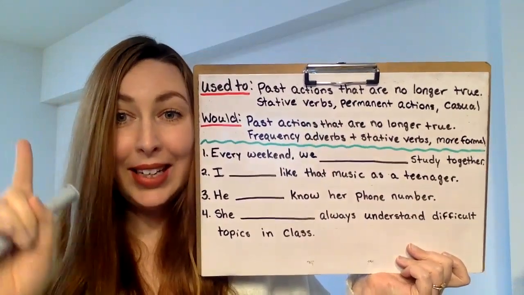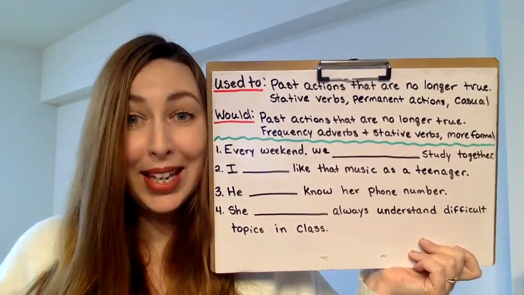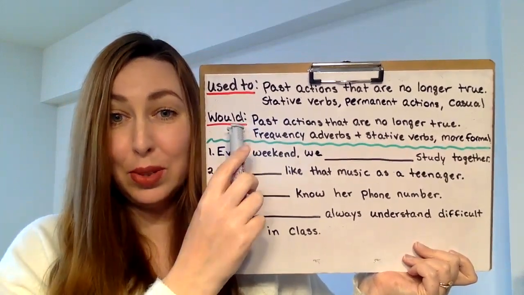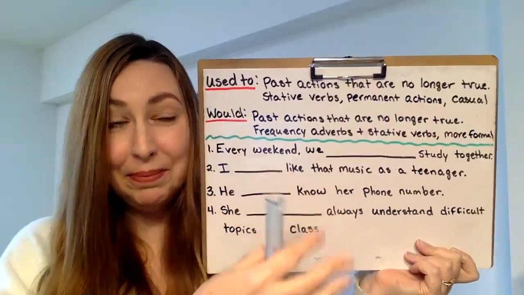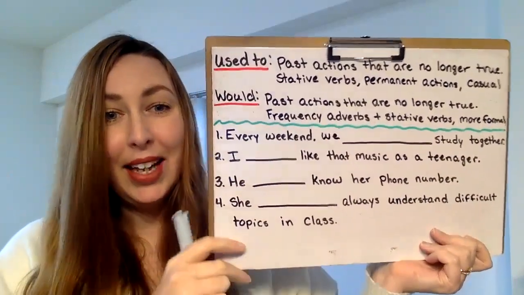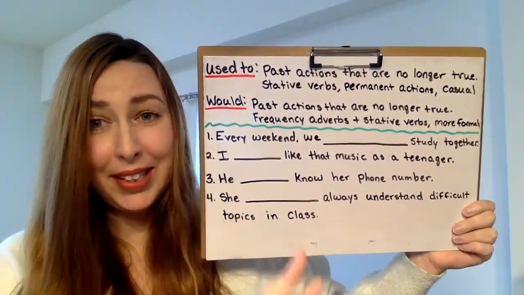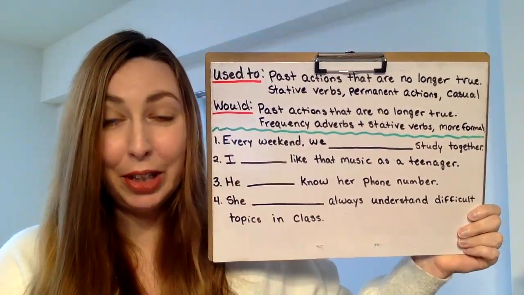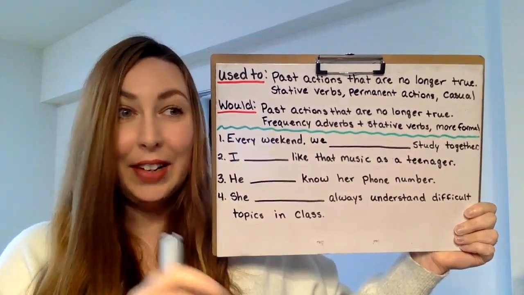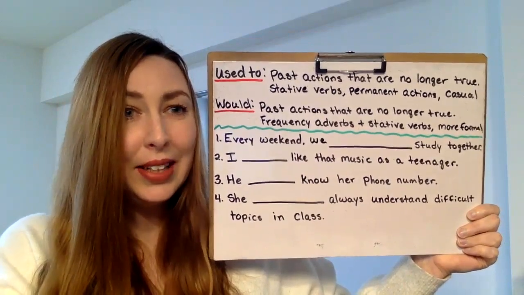However, when it comes to stative verbs, we typically don't use would. Okay, I say typically because there's always exceptions to the rule, and maybe there is one that you might find, but typically would is not used with stative verbs. So for example, I used to like broccoli.